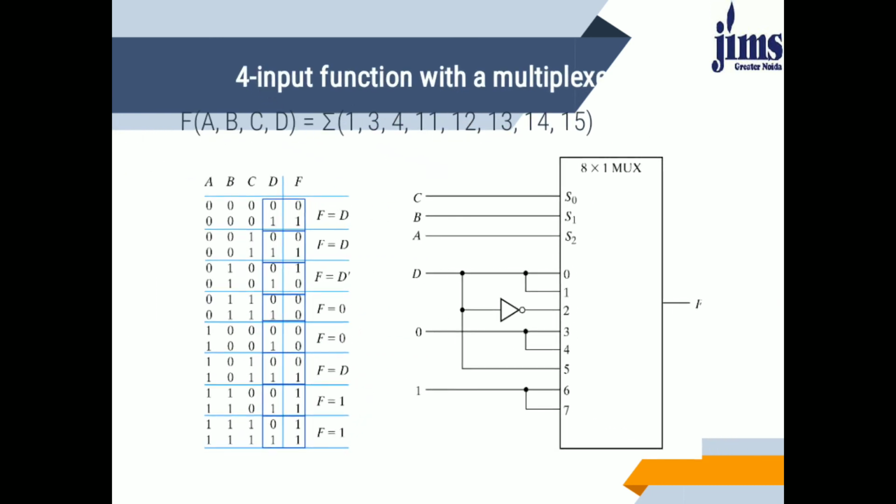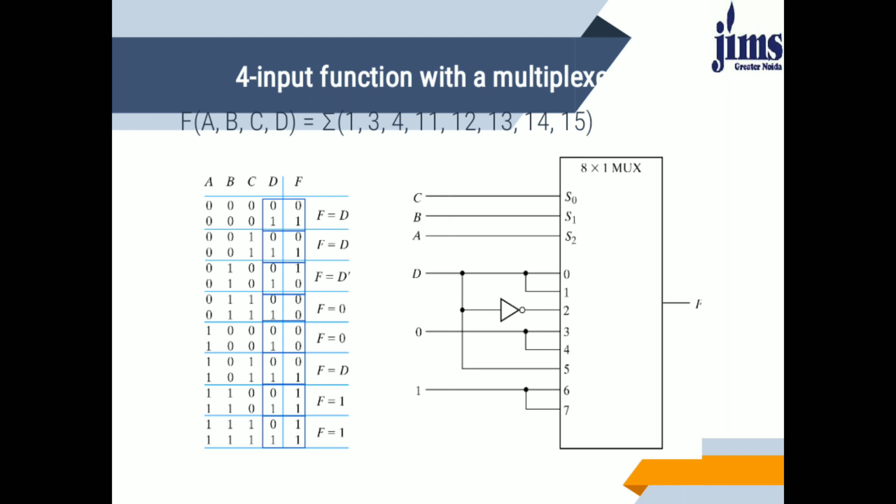Now, let's take an example. If I am having a 4 input function and we need to implement it with a multiplexer, then what we will do? We will mark them, means for 1, 3, 4, 11, 12, 13, 14 and 15 it is 1. So we will mark them accordingly. For these it is 1.